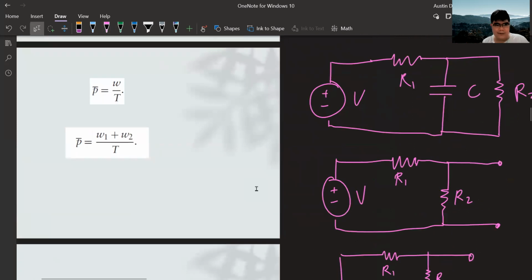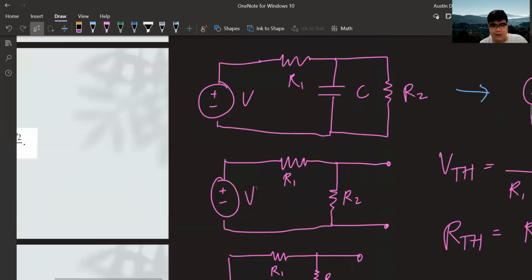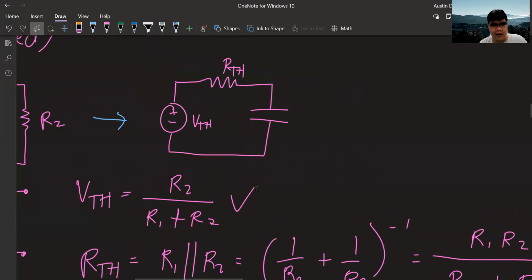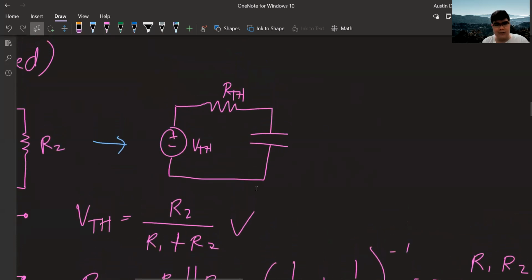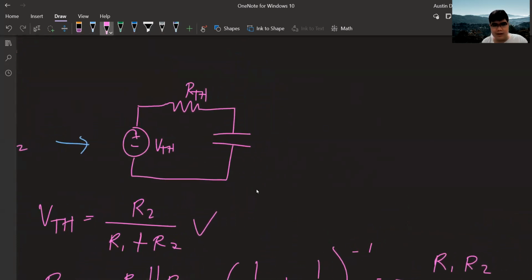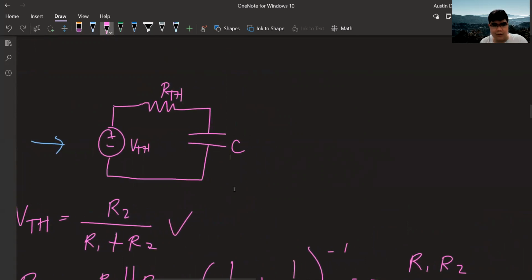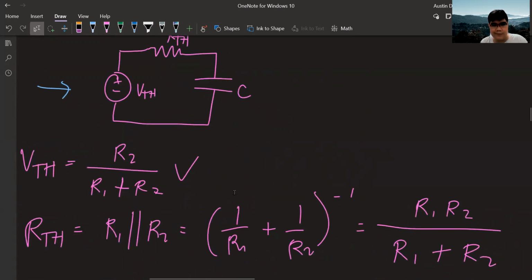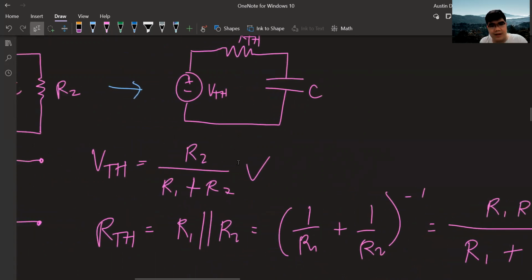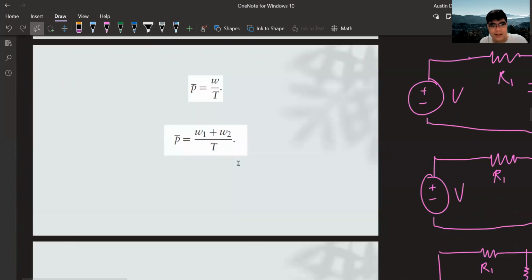What's next? Kunin natin yung... ito. Okay na. Kakabit na natin yung C. Kinabit na natin yung C. Makukuha na natin yung dinidissipate ng system natin. Okay?